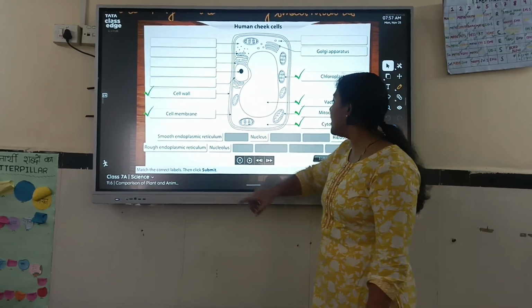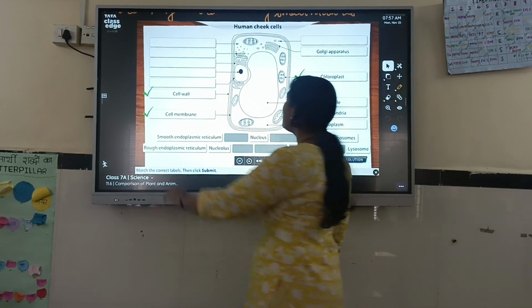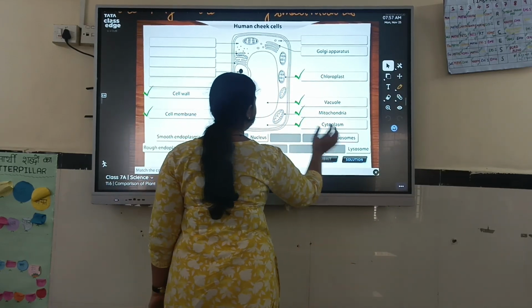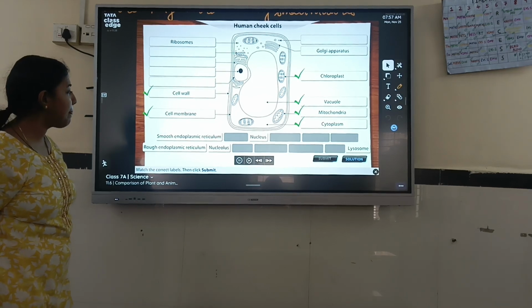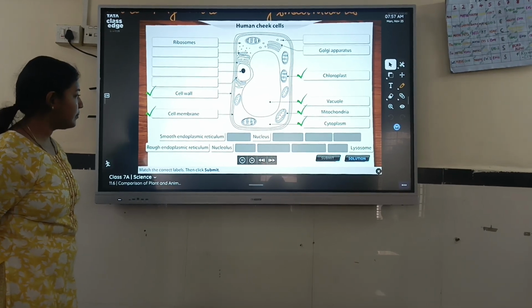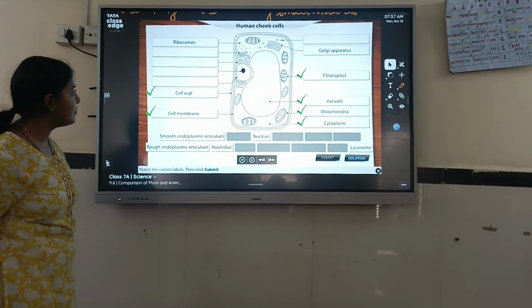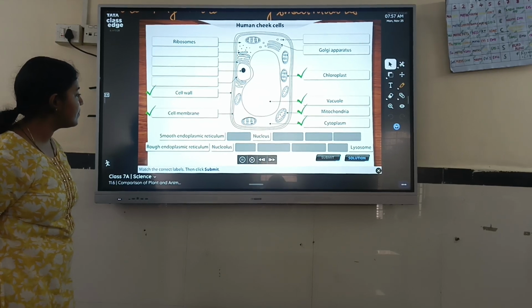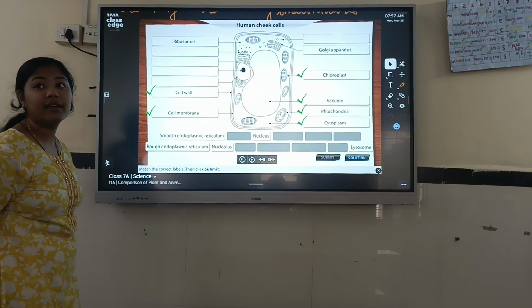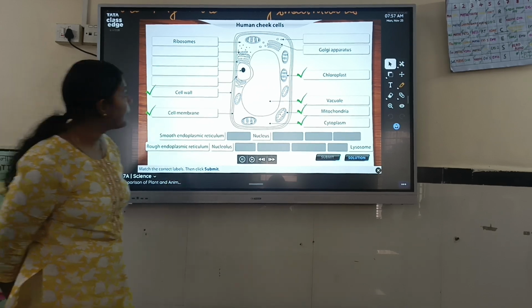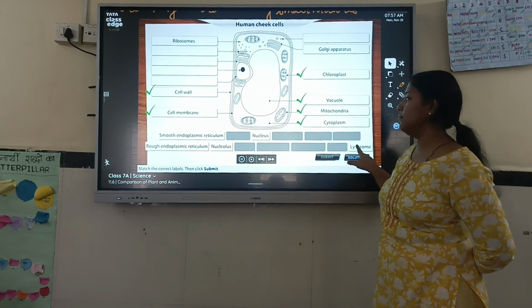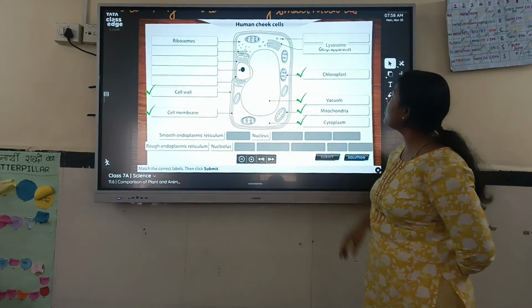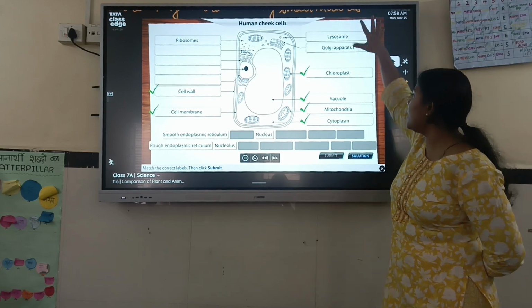Left side, first one is ribosomes. Okay, then lysosome in second one. Where? This one is what? Lysosome. Okay. So we are done with the right side.